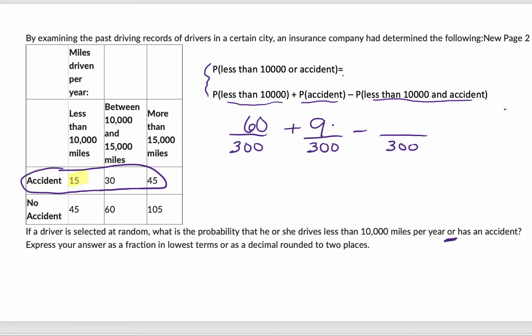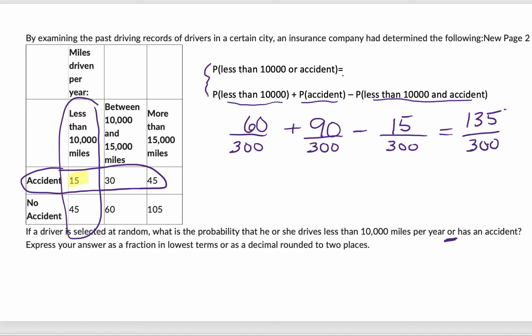That's going to be 90. And then we want the ones that meet both criteria, less than 10,000 and an accident. Those are the 15 that we initially highlighted as being in both. All right, so 60 plus 90, minus 15 is 135. Denominator stays the same.